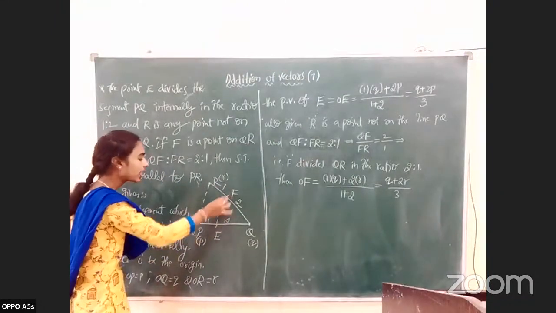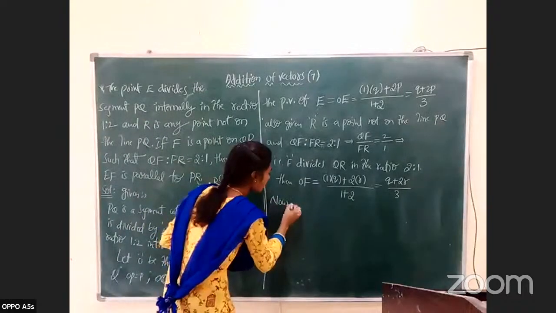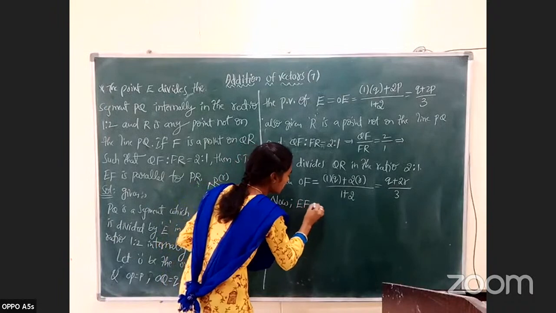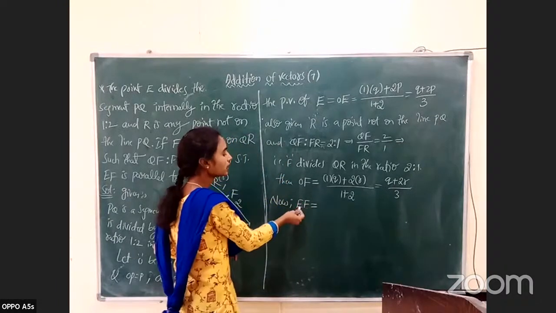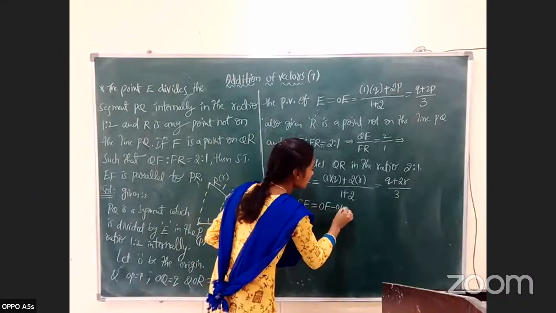So first of all, find EF. Now EF is equal to what? Position vector of F minus position vector of E, OF minus OE.